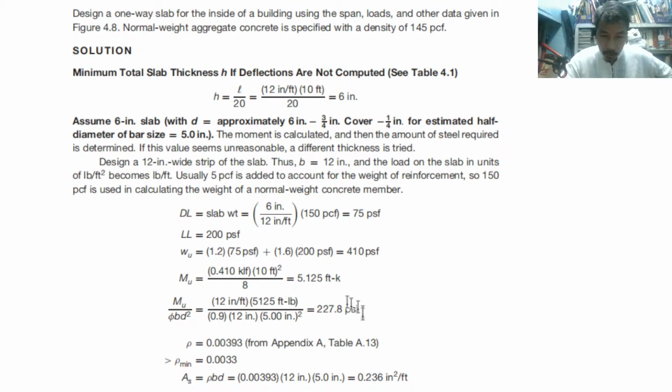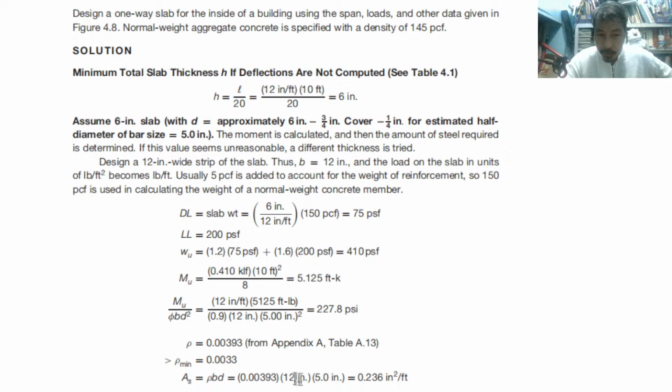Rho. Therefore, from the table, using this value of Rn, the tabulated value, or you can use the formula. So this is the value. Therefore, it is greater than the minimum. It is okay. So we can find out the steel area, rho b d. Rho is this one, b, and d. d is 5 inches.